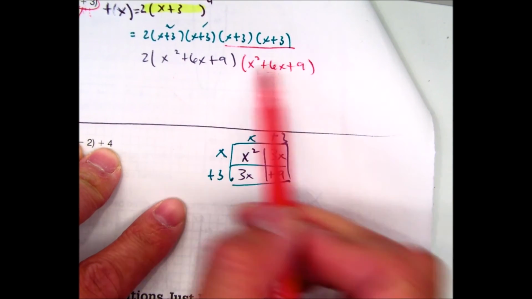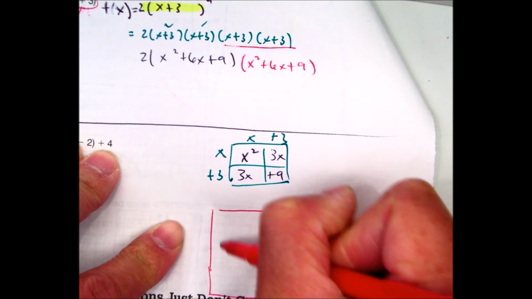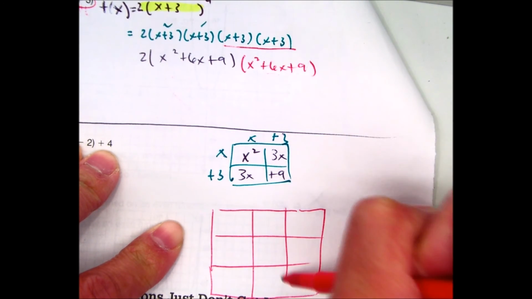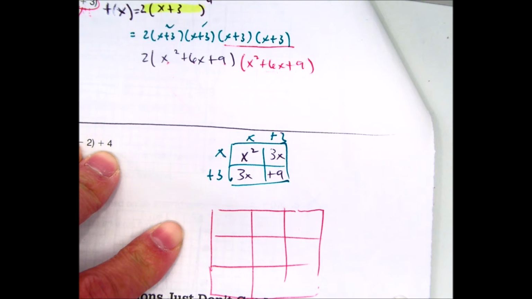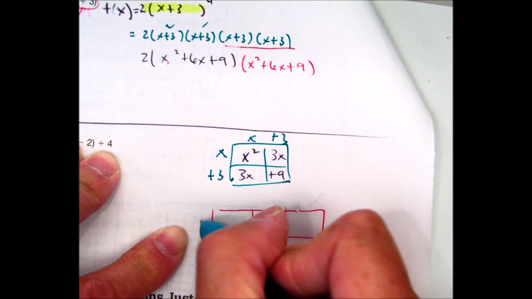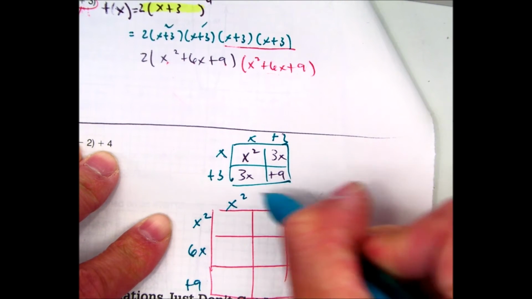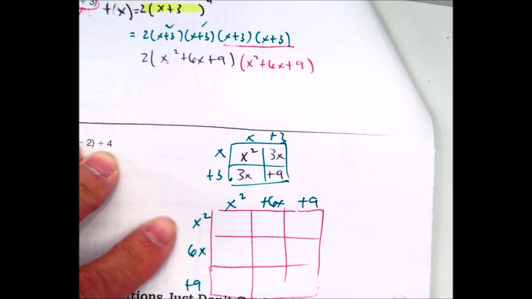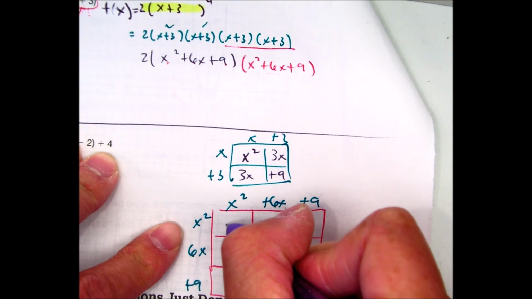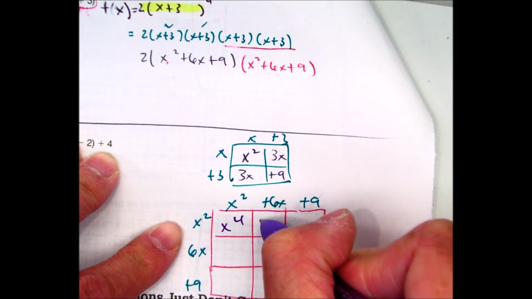And then to multiply those 2, I'm just going to have a gigantic box. It's a 3 by 3 because I have 3 terms. I have a trinomial there as well. So this will be x squared plus 6x plus 9, x squared plus 6x plus 9. Class, what's x squared times x squared? X squared times 6x?